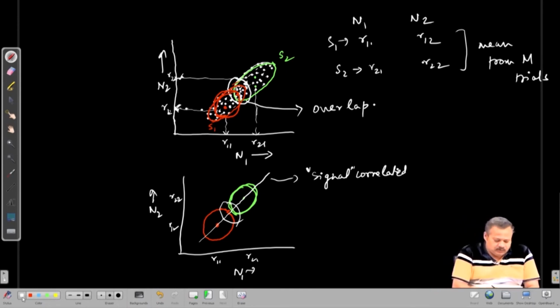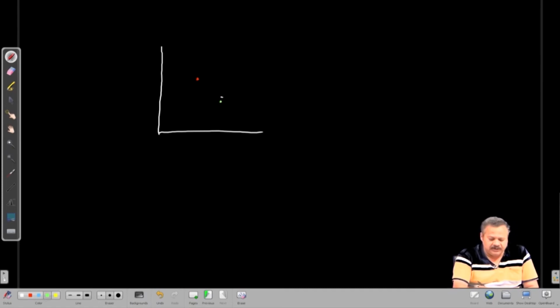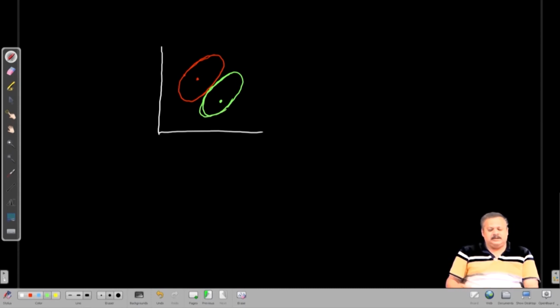Now if you go to the other scenario, let us say our S1 was here and our S2 response mean is here, and now our spread of responses around the first stimulus and the spread of responses around the second stimulus is like so, which means that now we have a negative signal correlation.